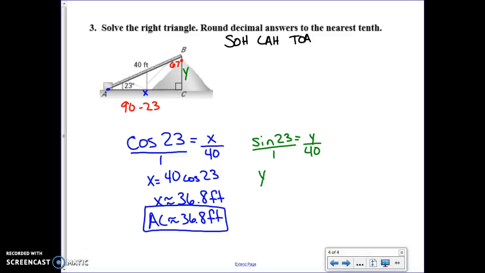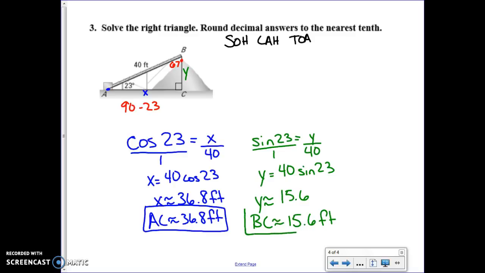So Y is equal to 40 sine of 23. If you type that into your calculator, 40 sine of 23 should give you 15.6. So BC has an approximate length of 15.6 feet.